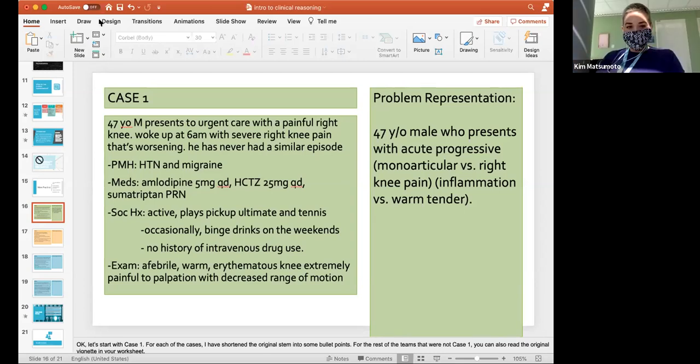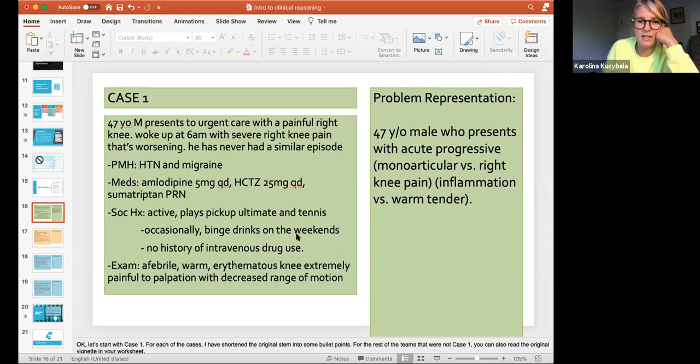I think generally, when you're thinking monoarthritis, you have some ideas of what the causes would be, versus if you had somebody with symmetric polyarthritis, that takes you down a totally different route. So Kim, what I'm hearing is that you're going to include all of those things anyway in your differential, so putting in hydrochlorothiazide and alcohol to lead you more towards gout would be more harmful than helpful.